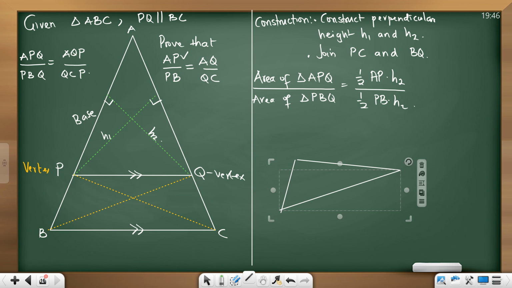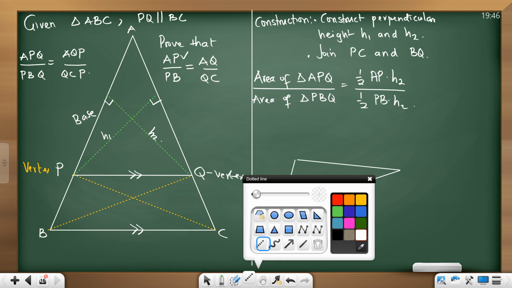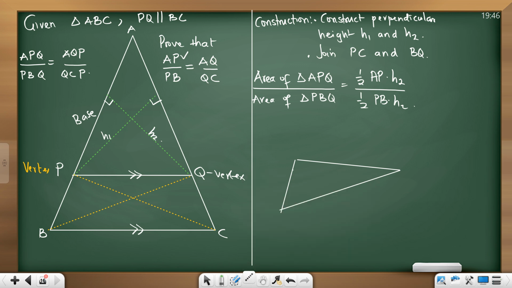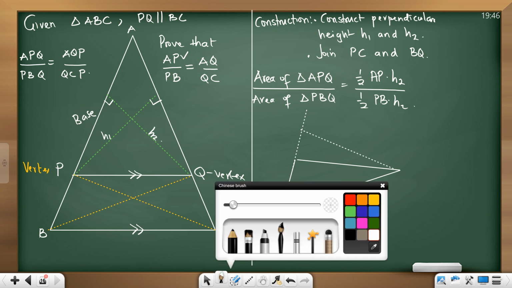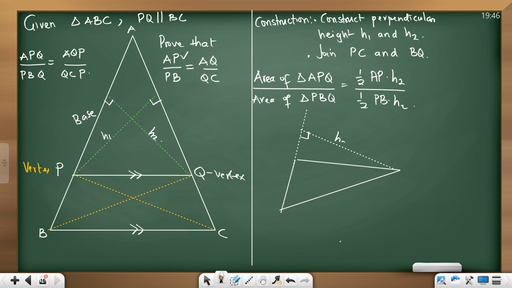Now, your height must always be perpendicular. Right? So for me to have a perpendicular line, we're doing this in grade 8, we used to extend this guy. And that's where I have my 90 degrees.